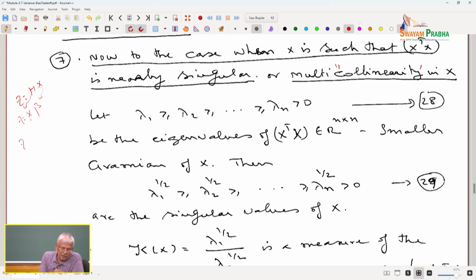So, consider z is equal to X beta, where X is m by n, beta is n by 1, and z is m by 1. So, what is it that I am now going to consider? My H is replaced by X, why not? I could have rewritten this in terms of H also, but I am going to redo it with X.